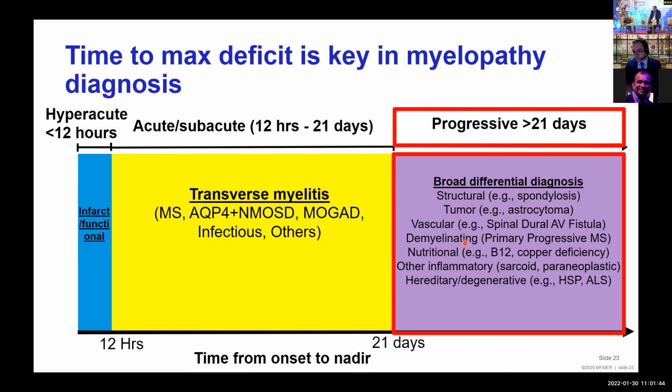It can occur with demyelinating disease in the form of primary progressive MS, but then you want to be considering your dural AV fistula, spondylosis, astrocytoma, nutritional deficiency, other inflammatory conditions, sarcoid, paraneoplastic. We'll cover some of those today. Also degenerative conditions, HSP, hereditary spastic paraparesis, and ALS. So really use that time to the nadir to help you in stratifying your differential diagnosis.